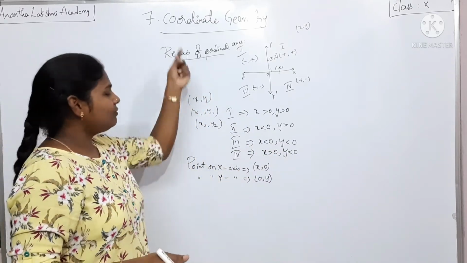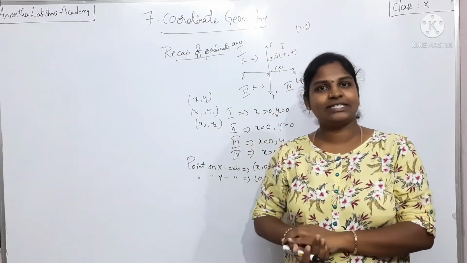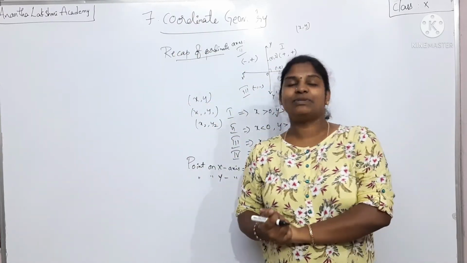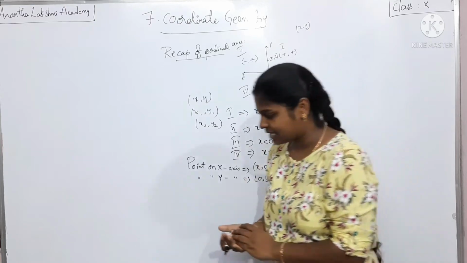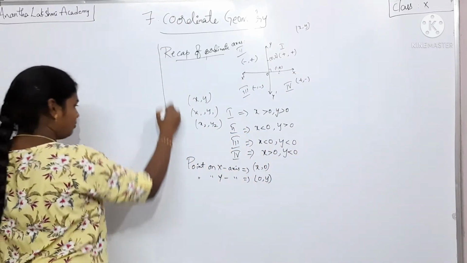Now let us come to the coordinate geometry's first topic. What is the first topic? Distance between the points. Okay, how do we figure out the distance between the points?